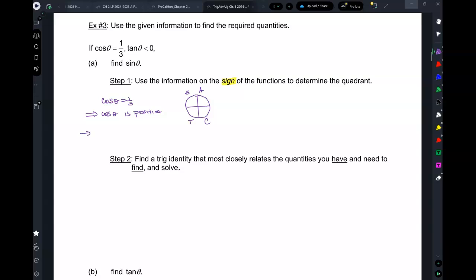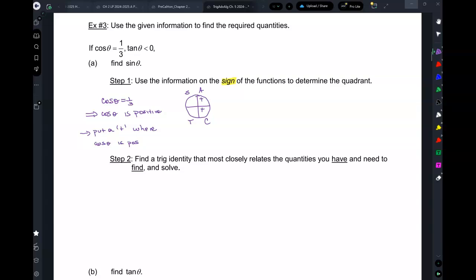So if cosine is positive, we put a plus where cosine theta is positive. So where is cosine positive? In which quadrant? This one and the fourth. There's going to be 2 where cosine is positive.